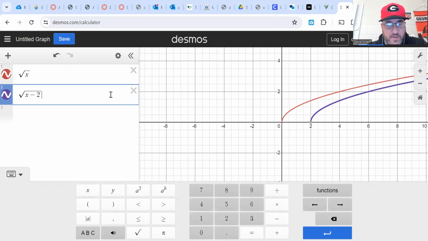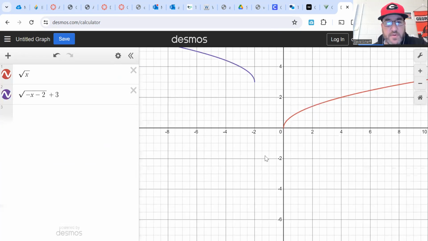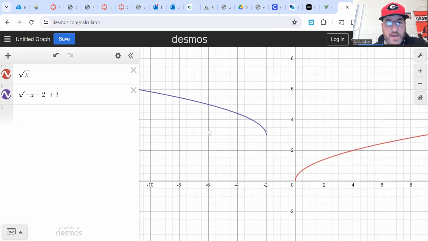My cursor is now after the square root, so the +3 makes it go 3 units up. And then when I throw the negative sign in front of x, that's what gets it to flip over to where it is. Okay. So we just did step by step each of the transformations that gets it from here to here. But now let's just look at our graph for number 1.